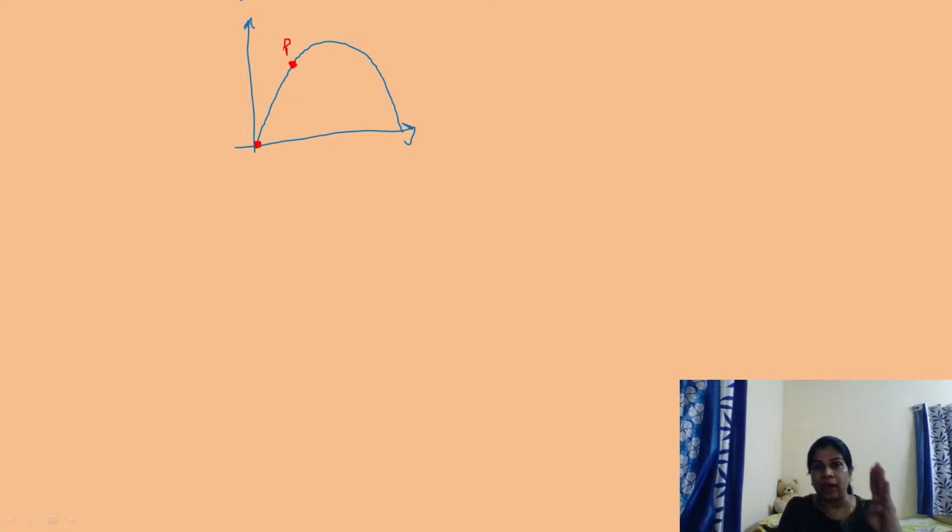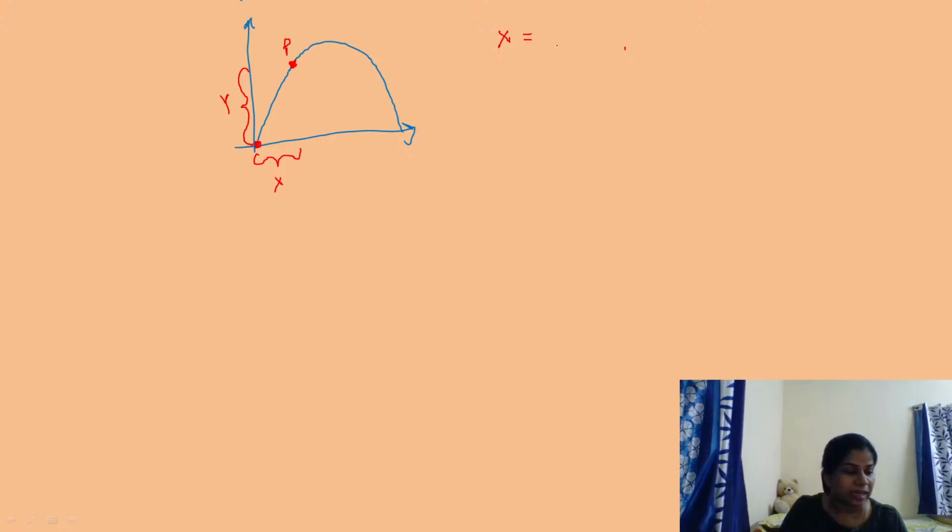This is point P. You consider any arbitrary point P. At this very point you calculate the distance traveled along the x-axis and the distance traveled along the y-axis. You name this x and this y. Last class, as I told you, you can check my notes also. So x is equal to, here, no initial position because it is starting from the origin.